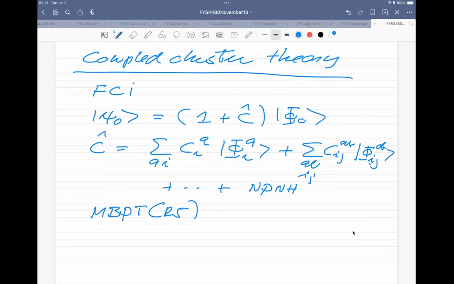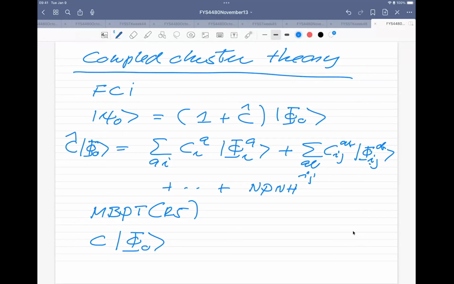So in that specific case, we have a C, which is now acting on phi 0. Actually, I forgot to write one thing here, sorry for that. So this is C acting on phi 0.